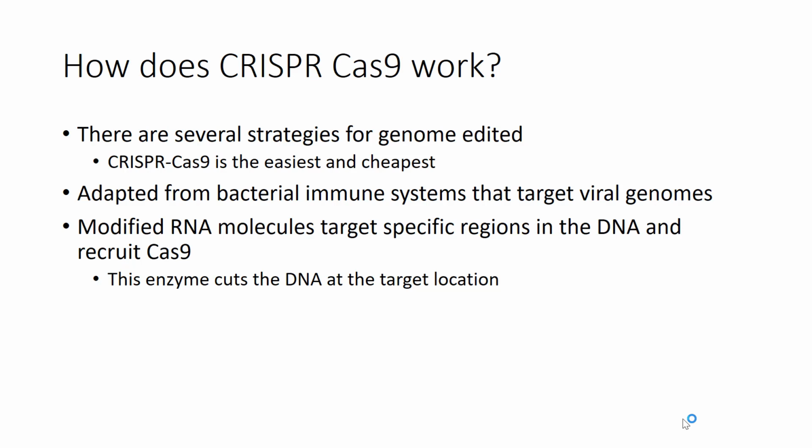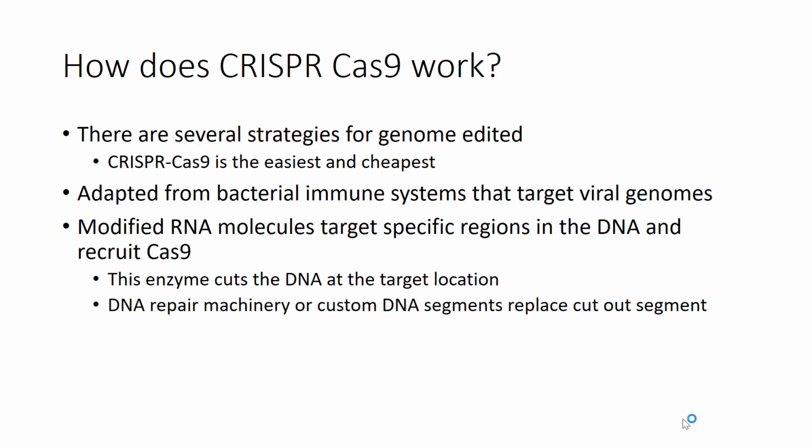And so what that provides is a mechanism by which you can insert a specially designed version of the gene. So the DNA repair machinery of the cell, or better yet, a custom DNA segment, can actually be put into the cell, and there's a pretty high probability that this custom DNA segment, if it matches up at that double strand break, is going to incorporate in, forming recombinant DNA.